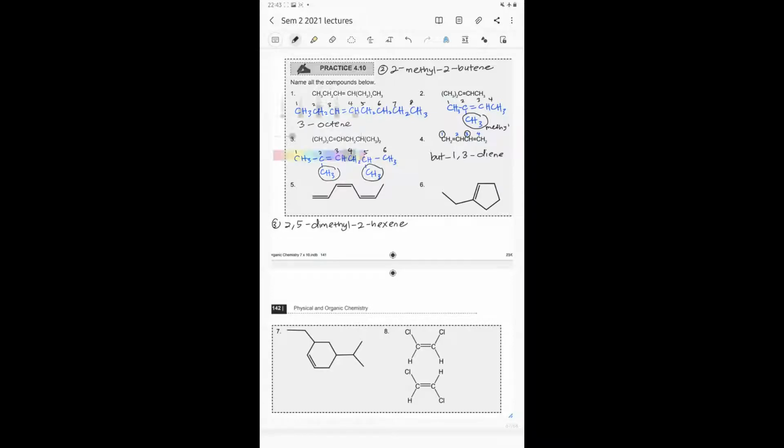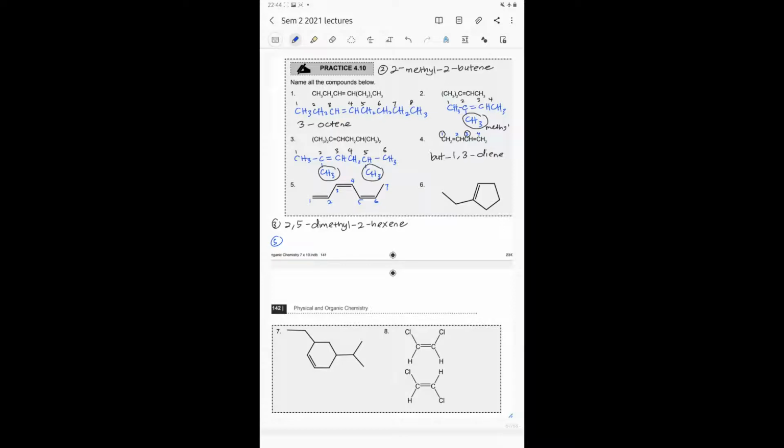Now let's go to number 5. We should start from the left to give the lowest number to the C double bond C. So this is carbon number 1, 2, 3, 4, 5, 6, 7. So we have 7 carbons. For question number 5, what is the name? There are 3 double bonds in the structure, so the name will be triene.